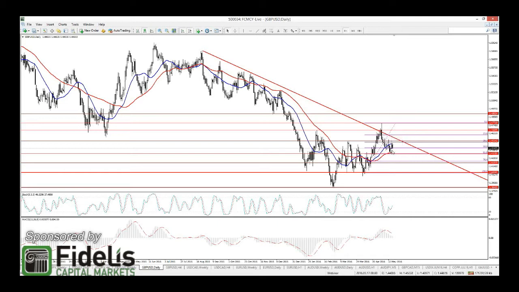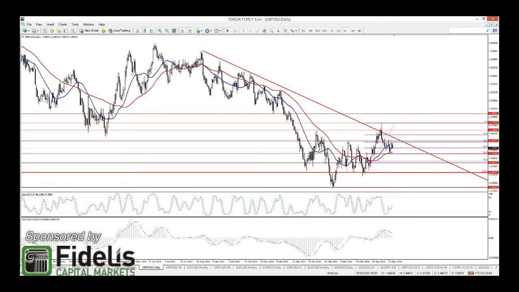The 1.4328 level is at the 50 moving average, coupled with the 61.8% retracement of the last move up from 1.4056 to 1.4771. So this 1.4328 support is considered a strong support level and is likely to hold prices.